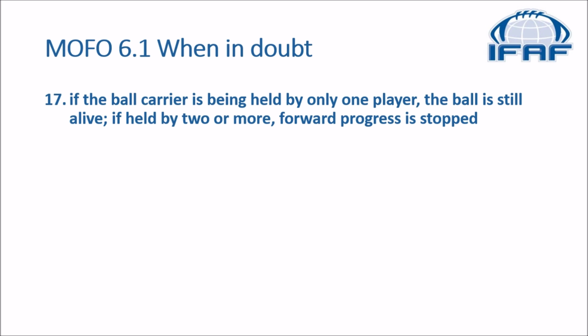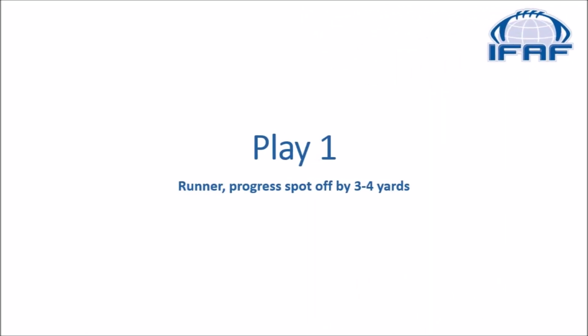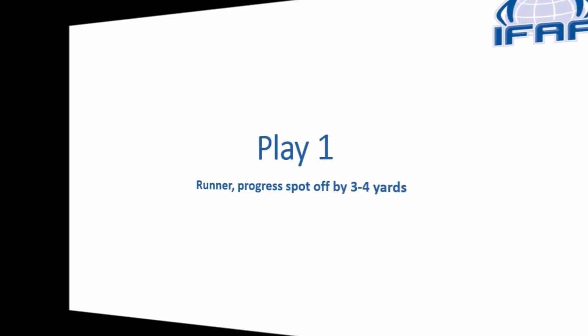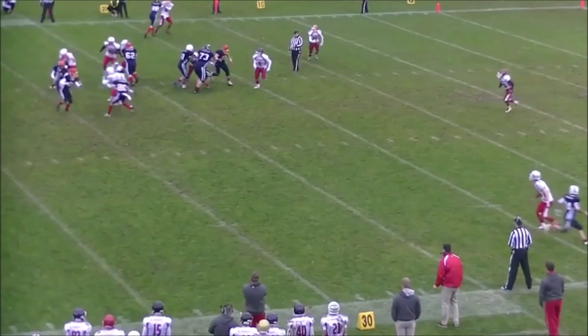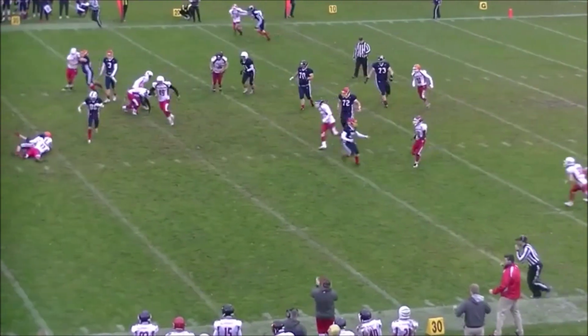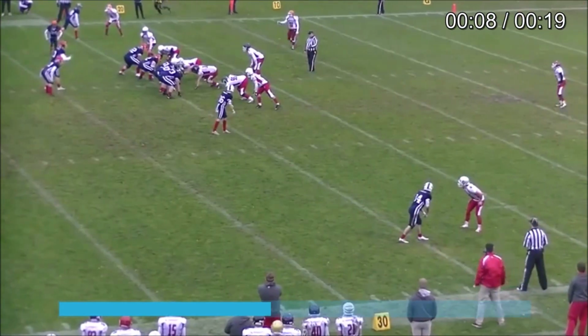Now, let's have a look at some game film. These first few clips are with our running plays where the runner is tackled for a loss, but the principle is the same in all of them.